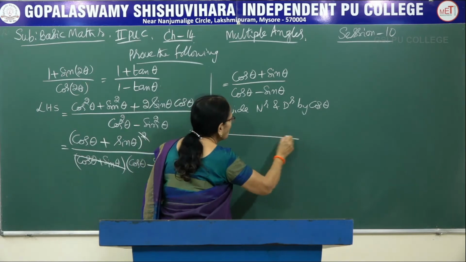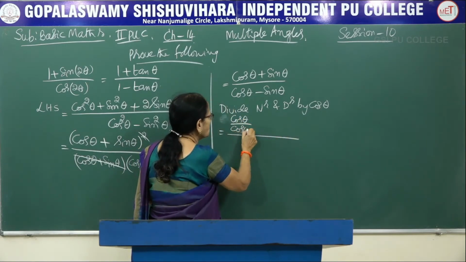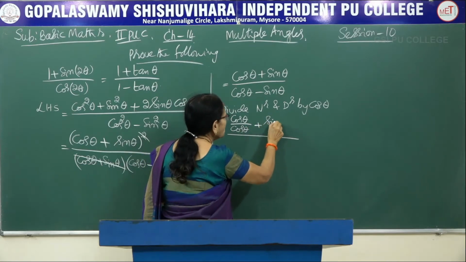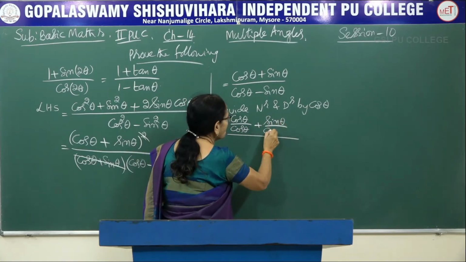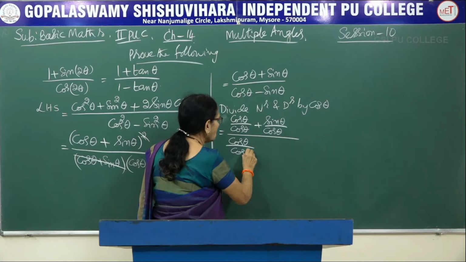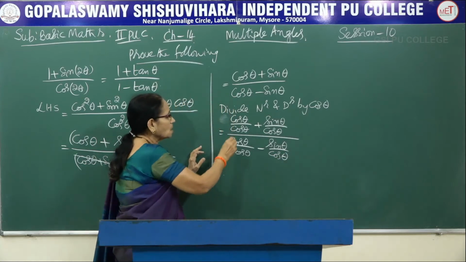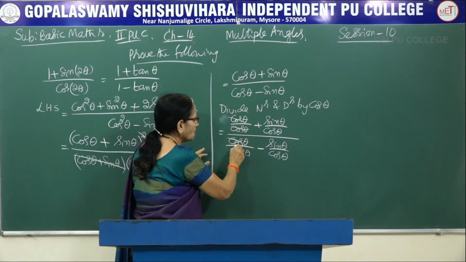So let me divide each term. It is cos theta by cos theta plus sin theta by cos theta. Same thing in the denominator also, cos theta by cos theta minus sin theta by cos theta. Now look here, cos theta can be cancelled here also.